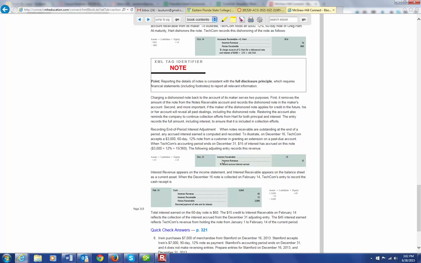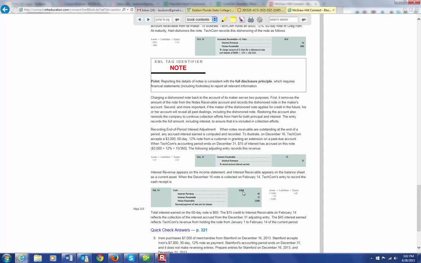So we put 15 in an interest receivable account because we haven't received the money yet, but it's an asset to us because we should be receiving it, and then we've earned it, so we put a credit to interest revenue for $15.